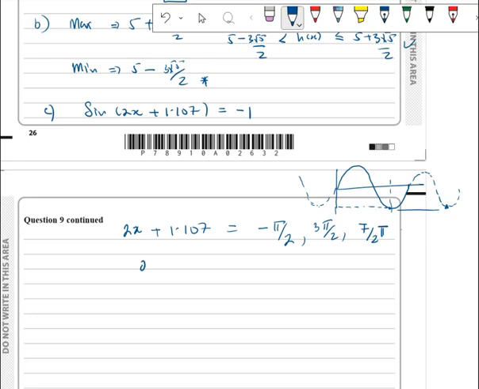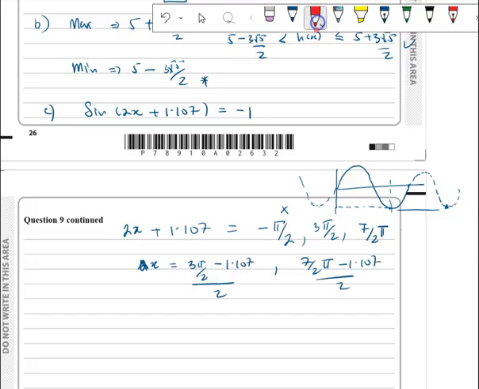Then you calculate your x. I will not use the first one because it's going to be negative. I will only use 3 pi by 2 minus 1.107, all of it over 2. And I also have 7 over 2 pi minus 1.107, all of it over 2.